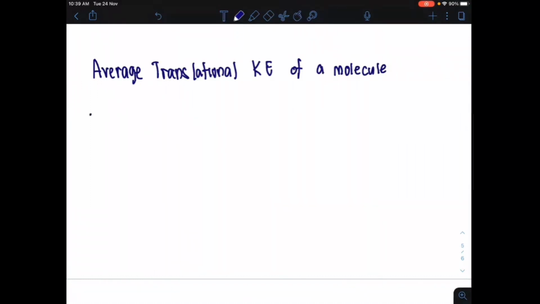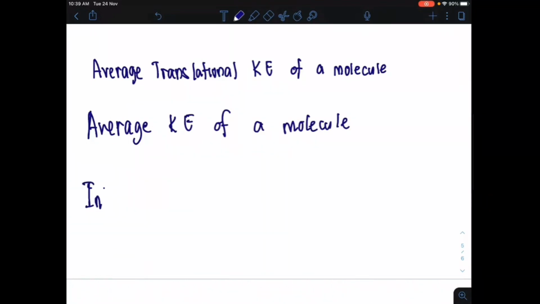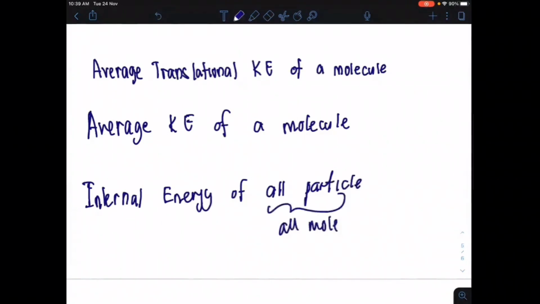Lepas tu kita ada average kinetic energy of a molecule, dan juga kita ada internal energy of all particles, ataupun kita cakap all molecule lah, in a system. So kita ada 3 jenis energy.